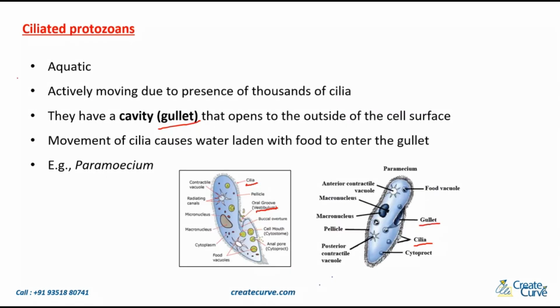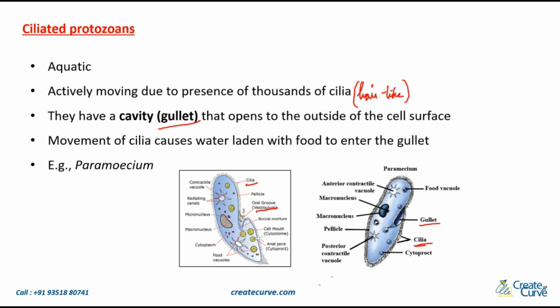Next one is the ciliated protozoan. Now these are aquatic. They actively move due to the presence of thousands of cilia. Cilia is nothing but hair-like structures. So I'll just write hair-like structures over here. If you look at this, can you see both the diagrams here? This entire organism is covered in hair. This is the cilia.